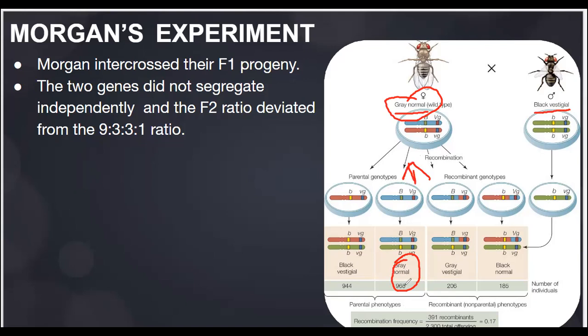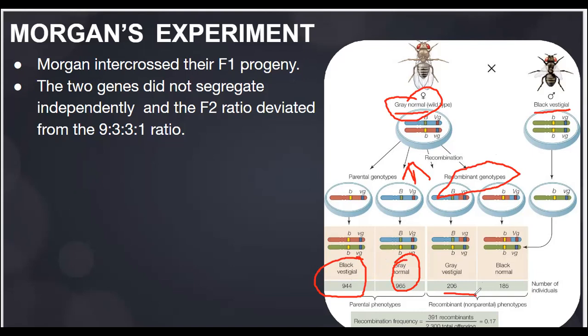You can see the number 950 or 960, black vestigial over here, approximately 950 again. And the recombinant types were very few, roughly around 200 over here and 185 for the other type.